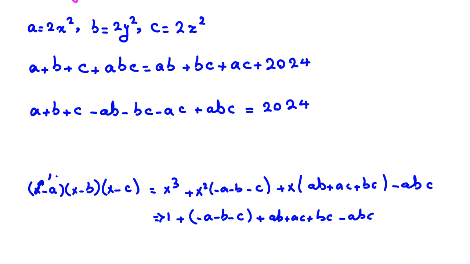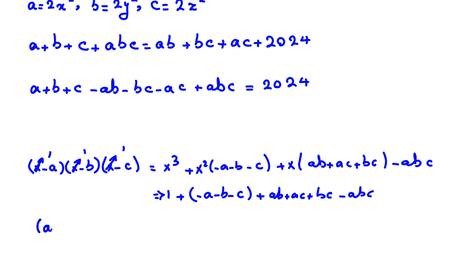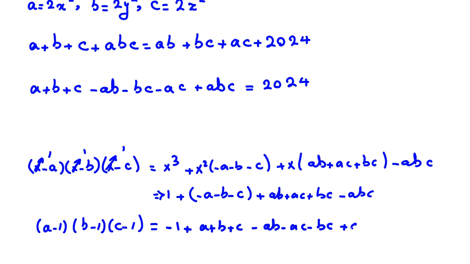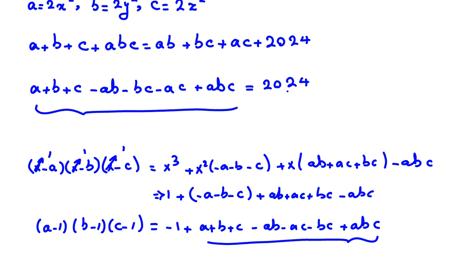So if x is 1, this factorizing can be written as (a minus 1)(b minus 1)(c minus 1), equal to negative 1 plus a plus b plus c minus ab minus ac minus bc plus abc. Okay, so this term is this term. You take negative 1 to the left-hand side, plus 1.